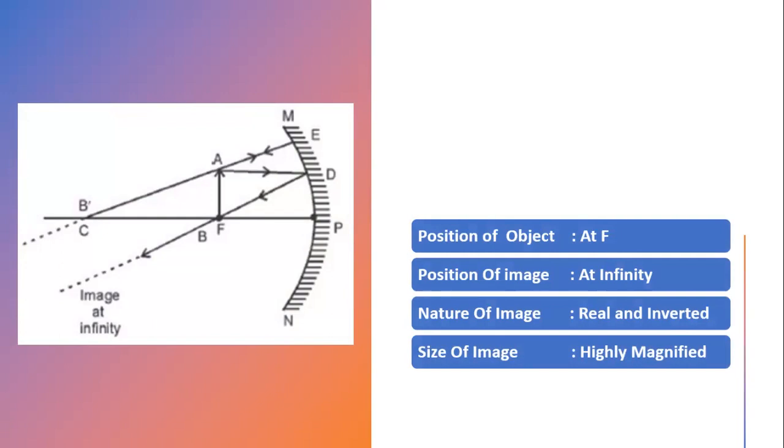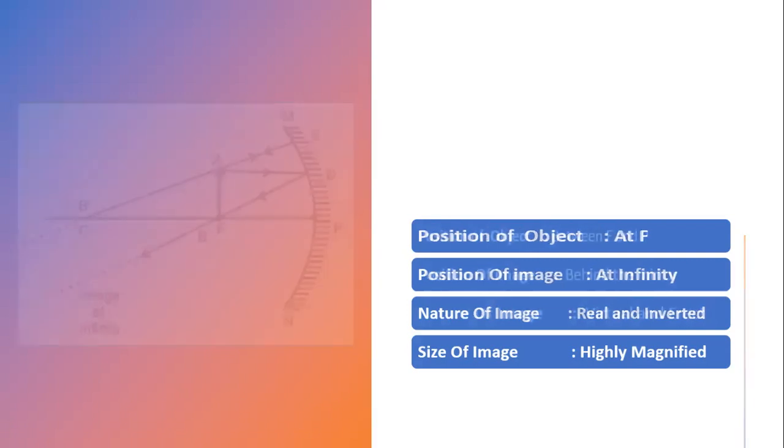Then both the reflected rays are meeting at infinite distance. Because of that reason, the position of image is at infinity. Then nature of image, real and inverted, and size of image highly magnified, means enlarged size of the image you will get.